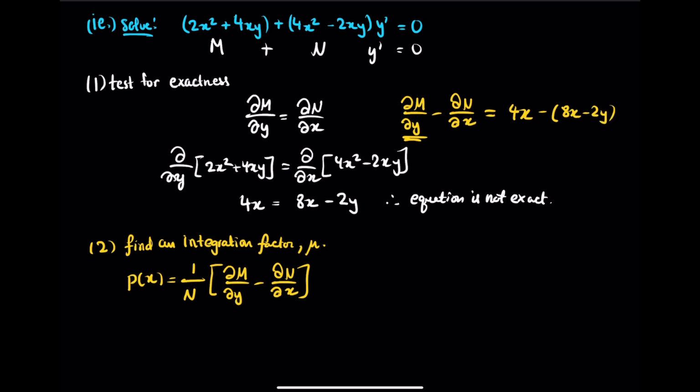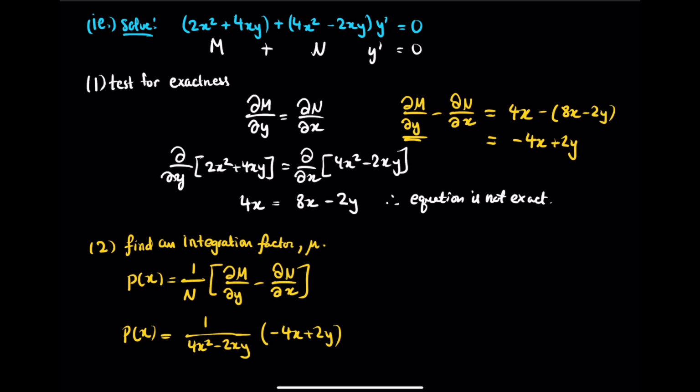Right? So then that means this is minus 4x plus 2y. Minus 4x plus 2y. Excellent. So then what is your n? Your n is 1 over 4x squared minus 2xy, right? And then your difference between the two partial derivatives is minus 4x plus 2y. And this is the value of your px.